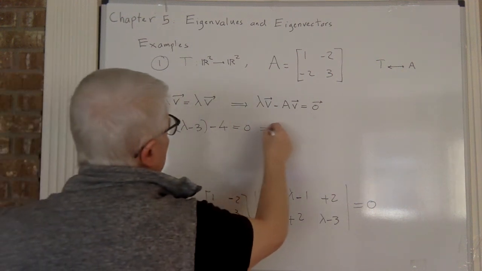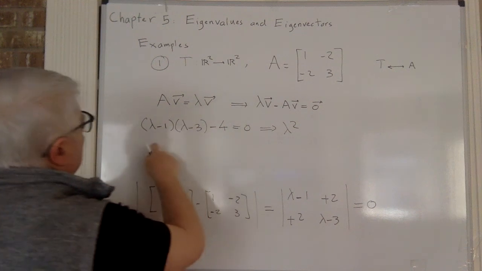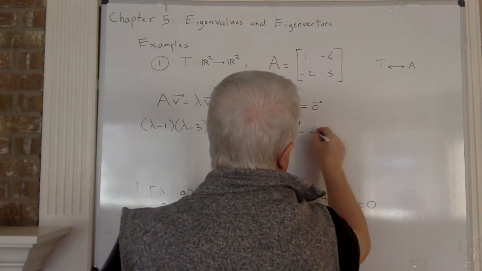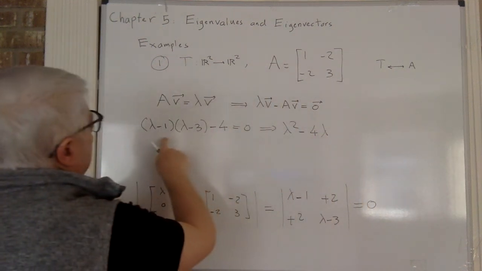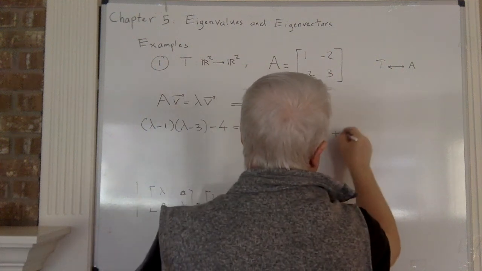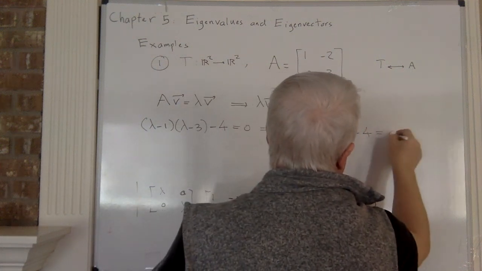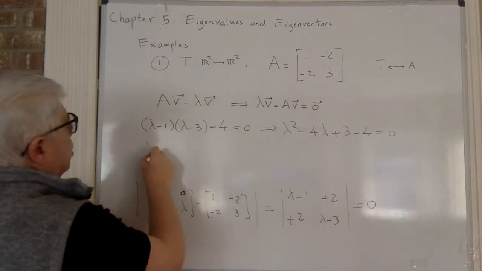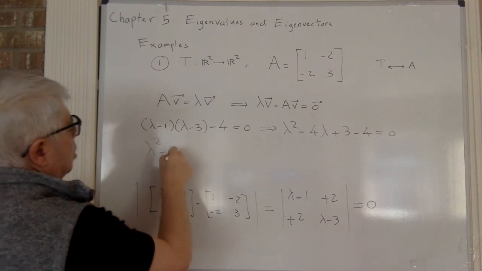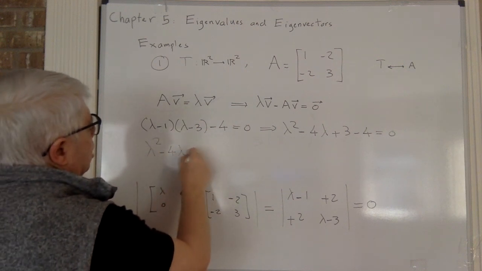And that is lambda squared minus 4 lambda plus 3 minus 4 is 0. So I have lambda squared minus 4 lambda minus 1 is 0.